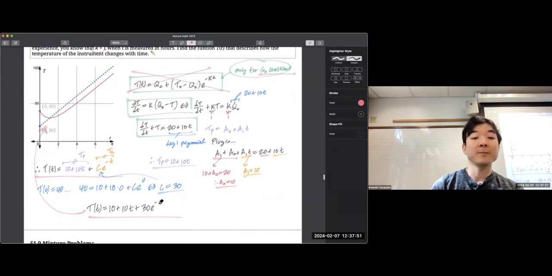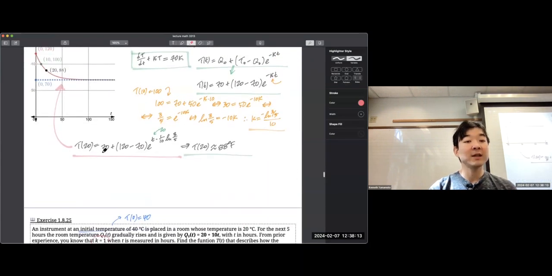This one right here, as t goes to infinity, the 30 times e to the negative t will vanish, and you would be left with 10 plus 10t. So in the limit of infinite time, or if you go on forever, further in time, it's going to behave like 10 plus 10t, versus this one is going to behave like 70 as you go infinite in time.